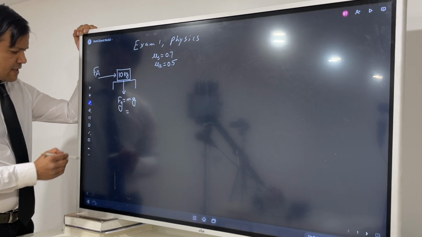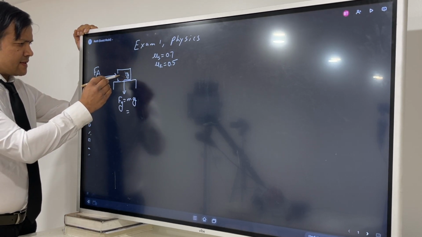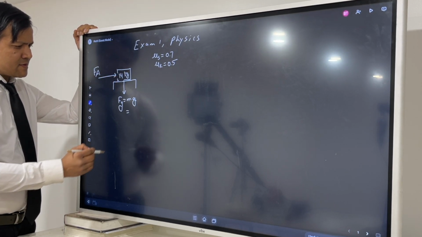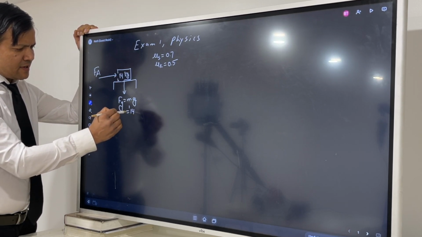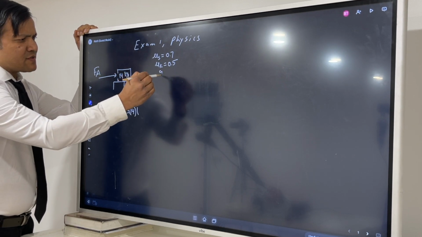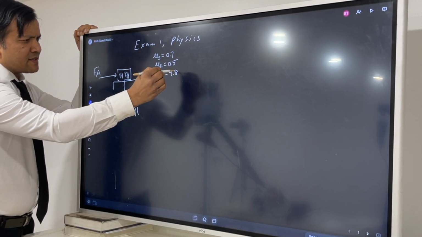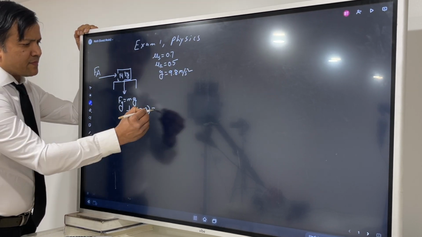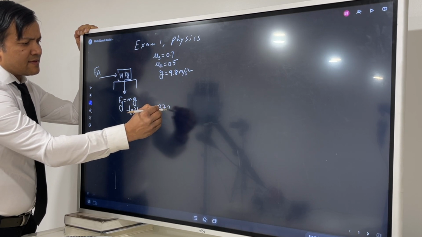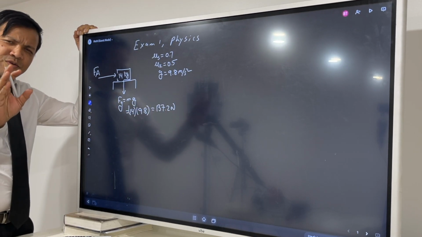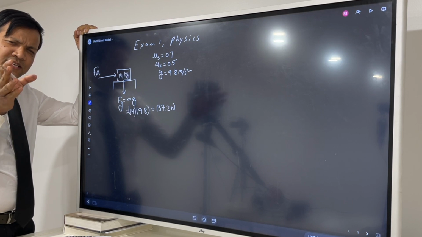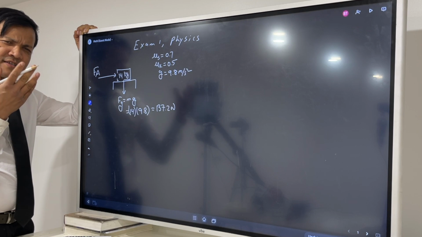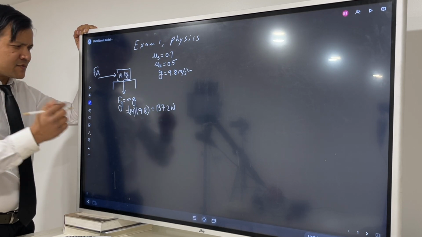Let's say m is 14 kilogram, and we're going to use g equal to 9.8 meter per second squared. So the weight is 137.2 Newton. The normal force has to be equal in magnitude and opposite in direction, because there is no other upward force directed on this box.